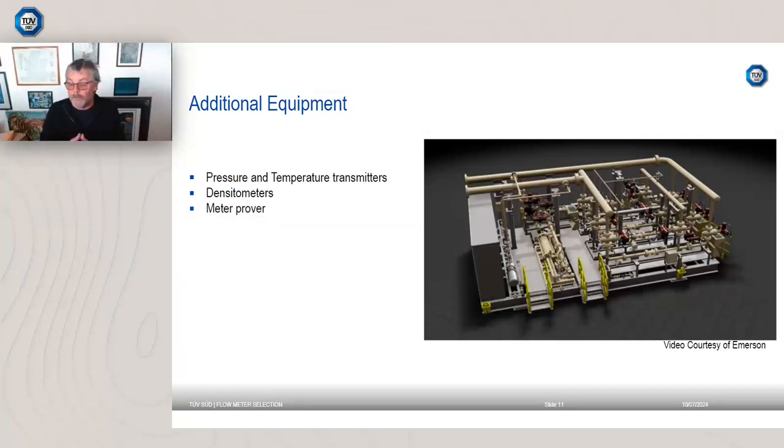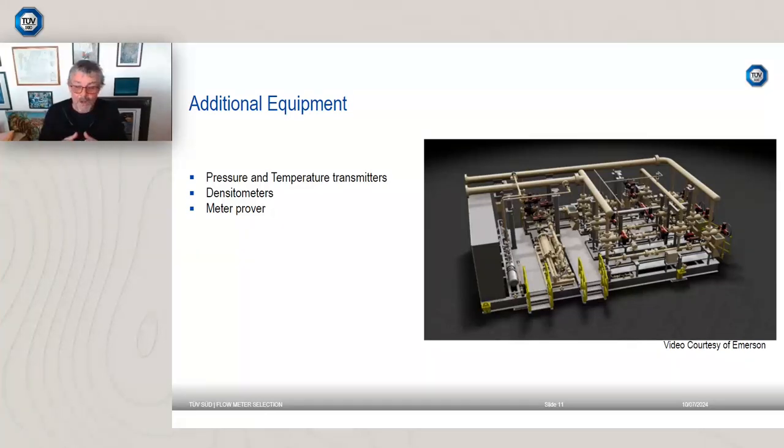A meter prover, for those of you who work with crude oil or liquid measurements, you'll know that the prover is a kind of on-site calibration laboratory, a precisely known volume. If you want to have one there permanently, you need the space for it. You need to be able to handle the weight, and unfortunately, again, they're very, very costly. There's a lot of zeros at the end of the price of a compact prover.